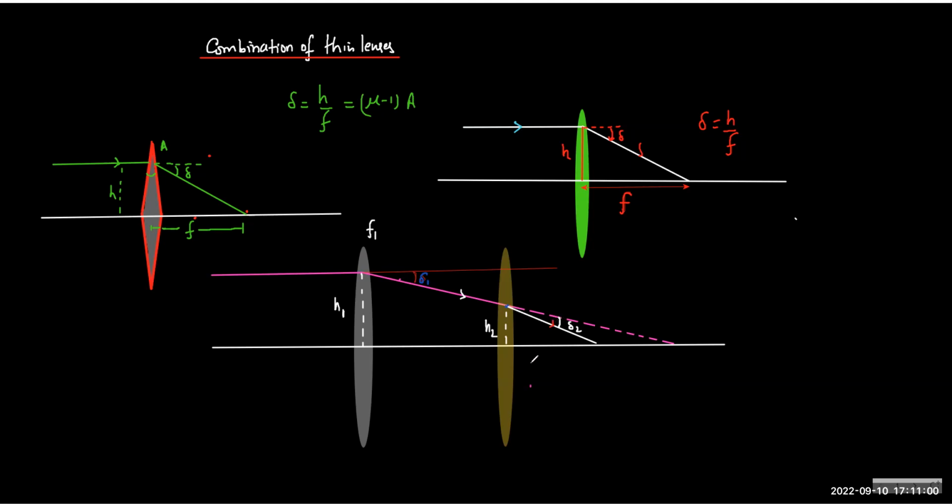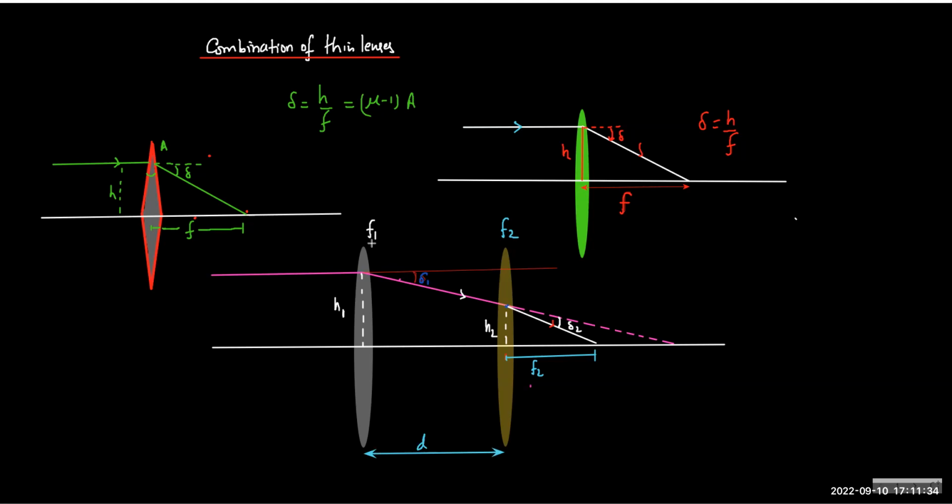Okay. And because this is deviating, we have to understand every distance clearly. This distance, we are going to call the focal length of which lens? First or second? Oh, second. So this distance is called f. Okay. And the gap between the two lenses, we call it small d.